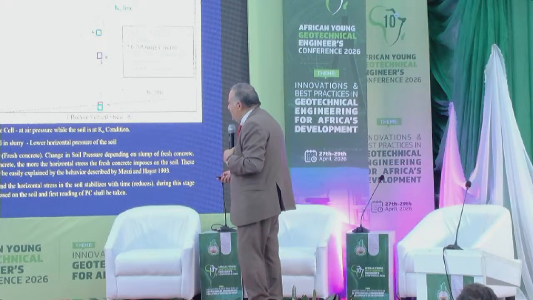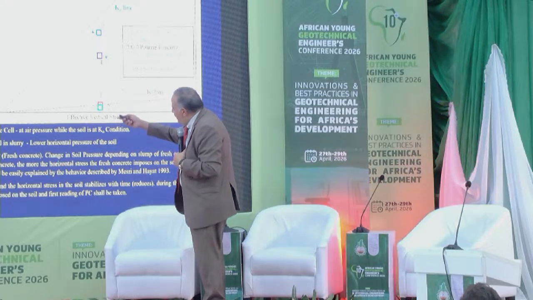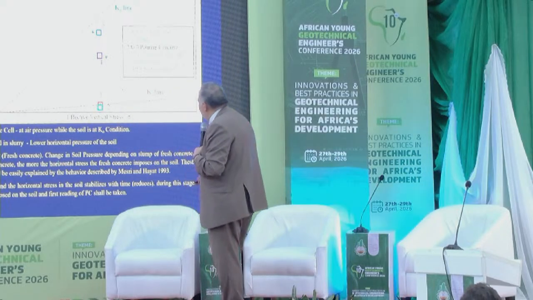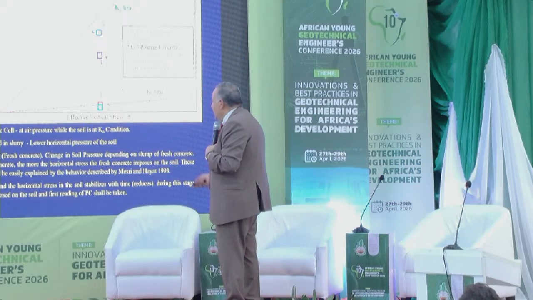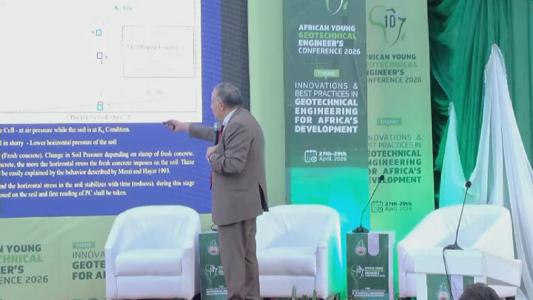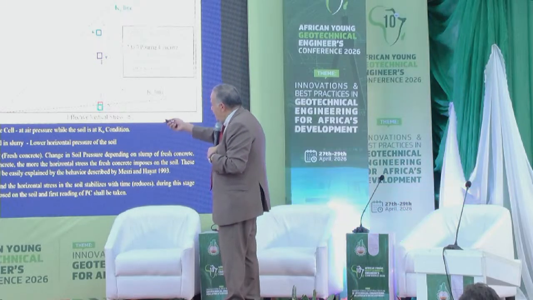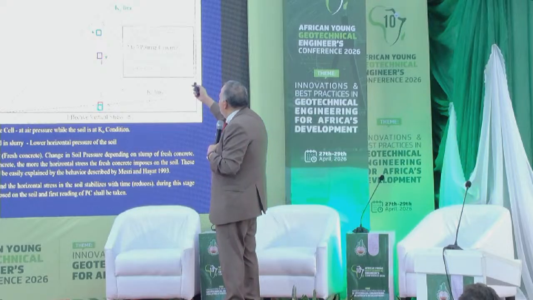If we imagine the relationship between effective horizontal stress and effective vertical stress, then these are the stages that I talked about earlier. At the beginning, we are in the air, and then we put in a slurry, and then, for example, from 2 to 3, pouring concrete.